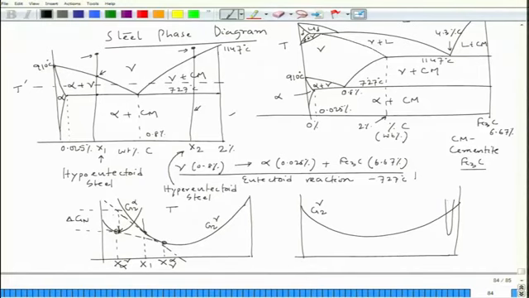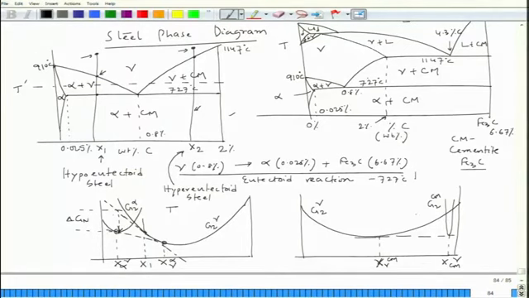So, that is why the free energy curve, the G2 of cementite, is much steeper, much more constricted. If I try to see the equilibrium, this is x gamma, gamma in equilibrium with cementite, and this is x cementite in equilibrium with gamma, where x is nothing but the composition, the percentage of carbon.